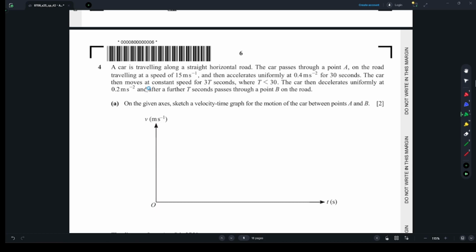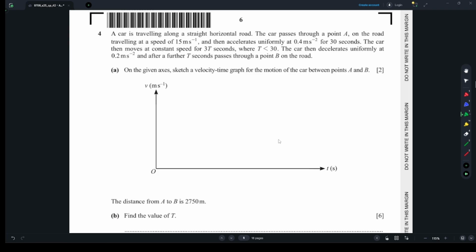The car then moves at a constant speed for 3t seconds, where t is less than 30. The car decelerates uniformly at 0.2, and after a further t seconds passes through a point B. You have to draw the velocity time graph.